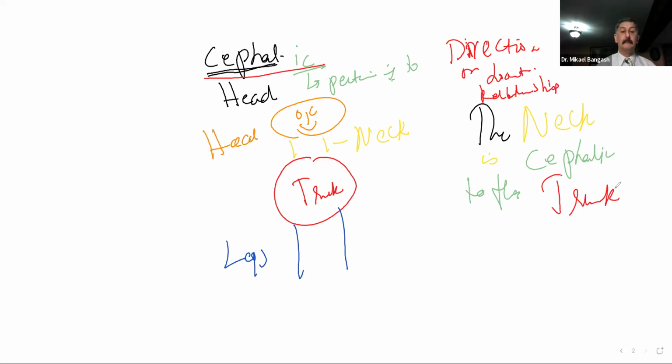What would that mean? As if you look at the trunk and you look upon its relationship to the neck, it's towards the head.